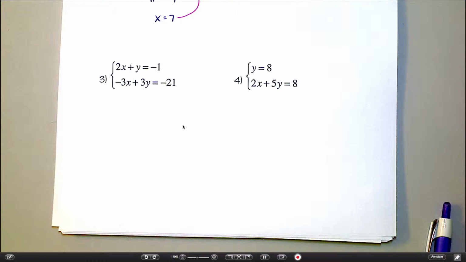What's wrong with number 3? There's no y equals.